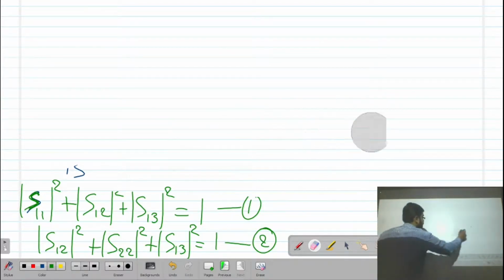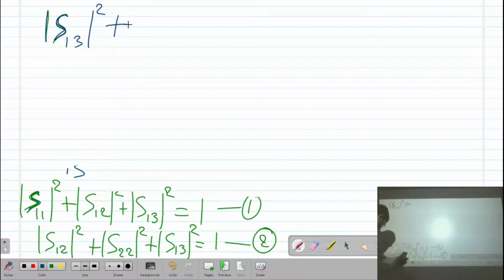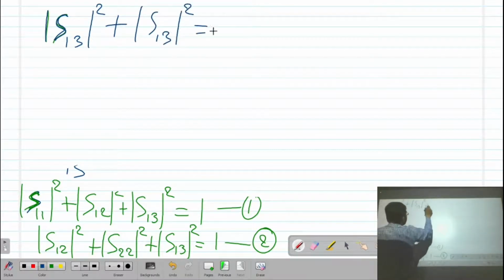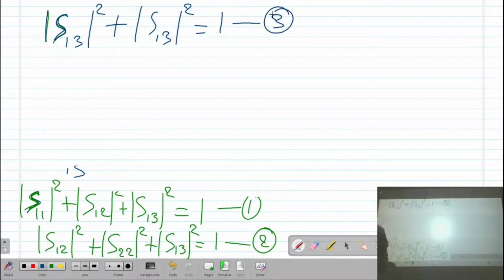And third row, third column, S13 whole square plus S13 whole square is equal to 1.